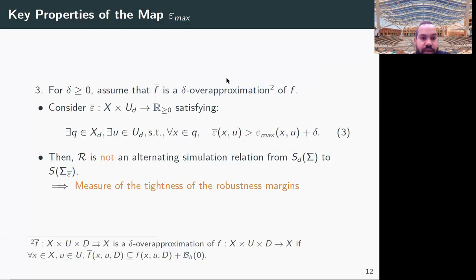This property says clearly that if we can find a state and an input such that there is a perturbation or a robustness margin epsilon bar, and this epsilon bar is bigger than epsilon max plus delta, if we only have one state and one input that satisfies this condition, which is bigger than our maximum robustness plus delta, then we no longer conserve the alternating simulation relation between the abstraction and the perturbed continuous system. And this gives us a measure of the tightness of our robustness margin.